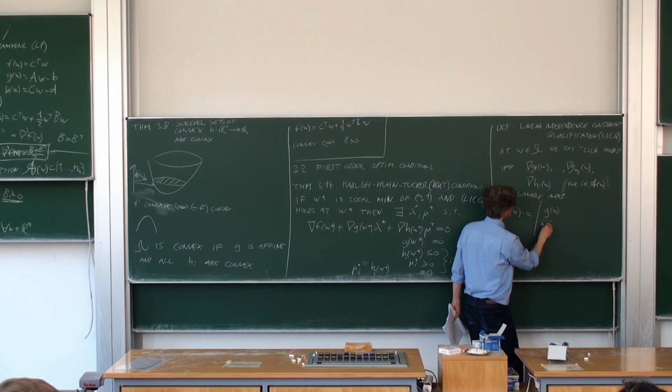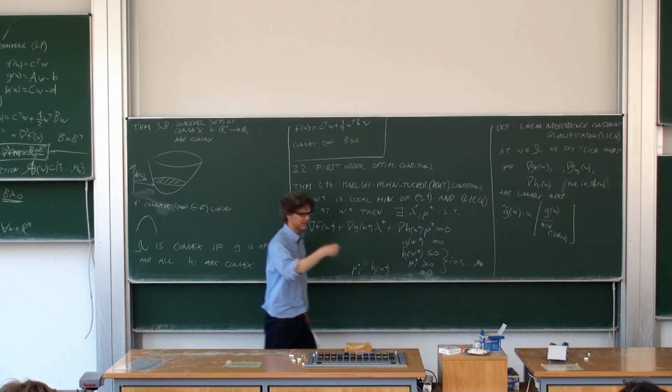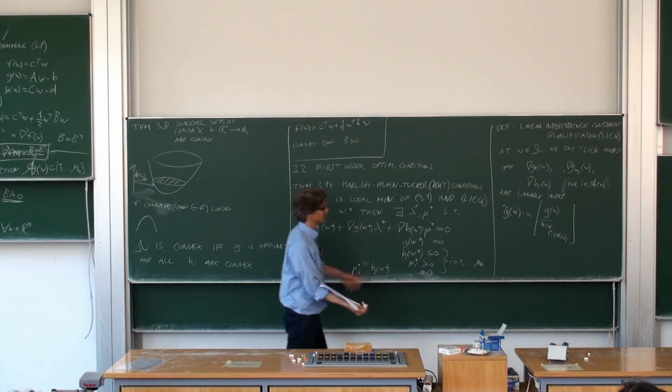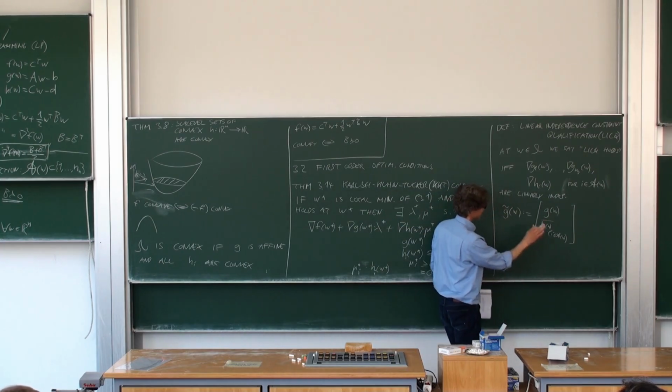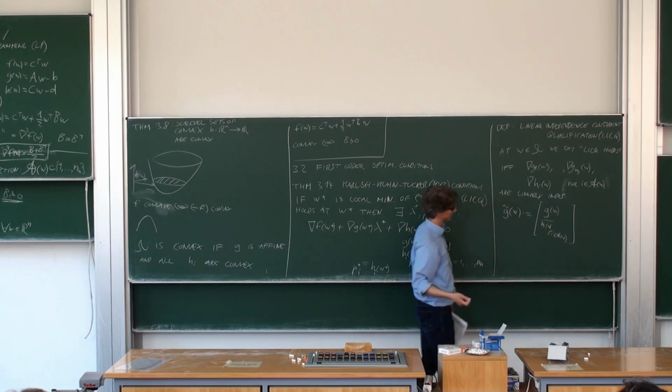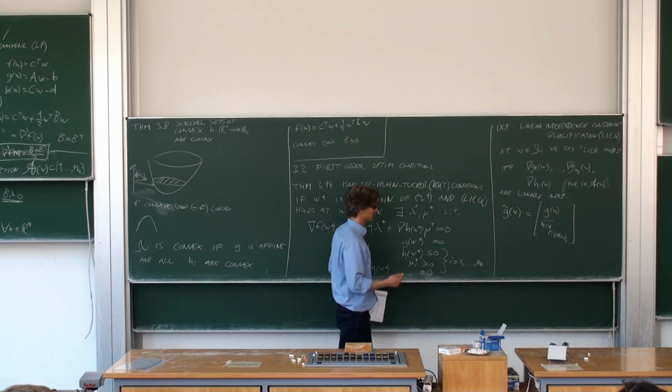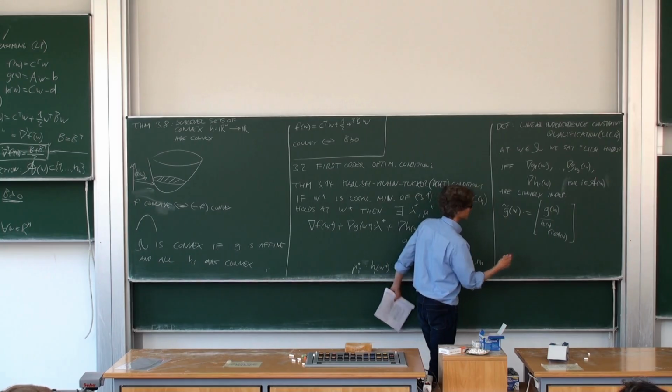So here I have hi of w for i an element in the active set. Of course this is a function that is a bit hypothetical, because at every different point it could have different components that would change dimensions. But if I fix the active set, I could define such a function g tilde, and even assume that it's a well-defined function.